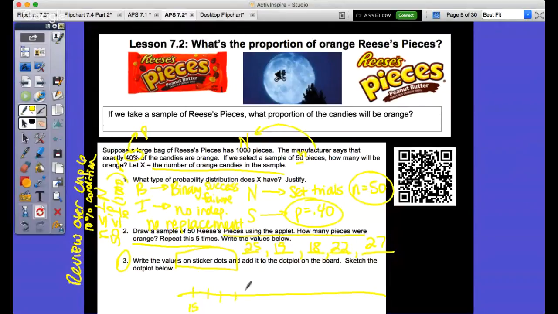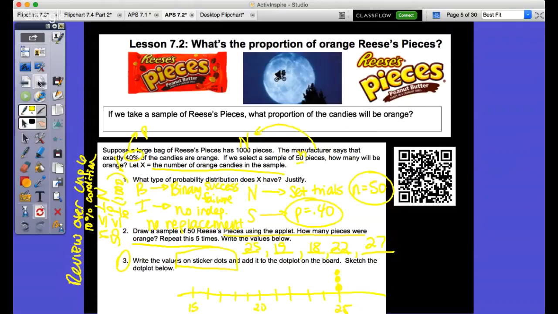And then 16, 17, 18, 19, 20, 21, 22, 23, 24, 25. It should be whole values, so no decimals on this. And then you're just going to put a dot at the specific spot. The next person will come and put one up on top, and then we're going to see what it centers around.